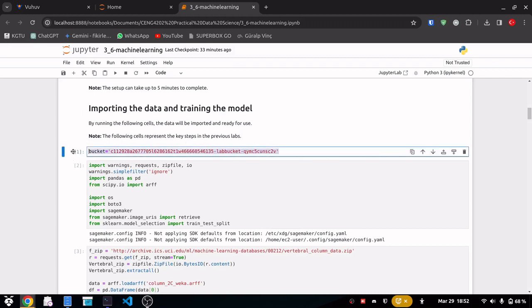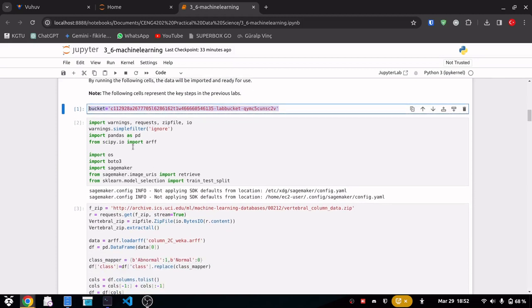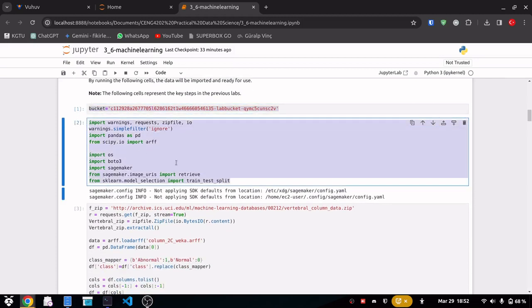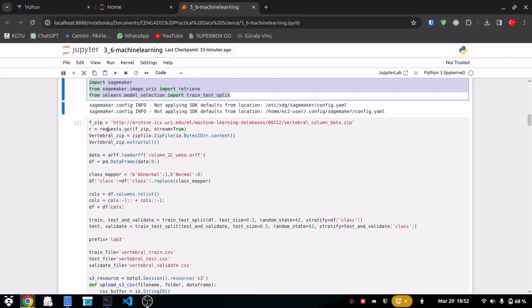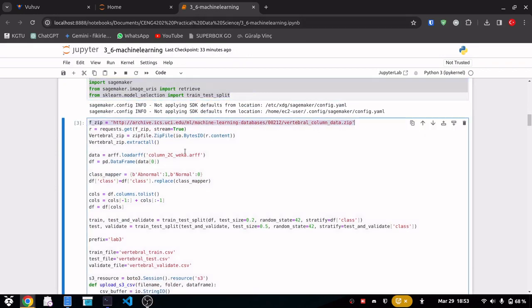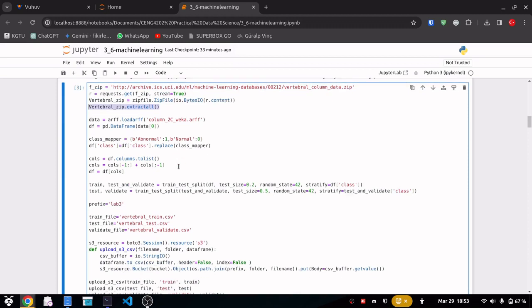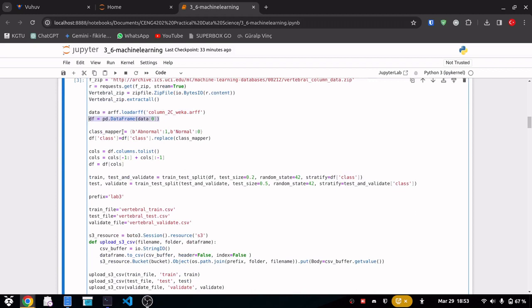So we are giving a bucket ID and importing our libraries in here. From this web page we are downloading and extracting the dataset, and we are writing our dataset into a pandas data frame, and we are using a class mapper to binary label our data, where normals are 0 and abnormal cases are 1.